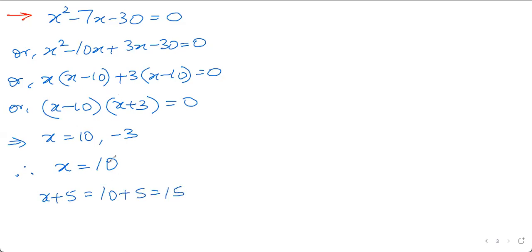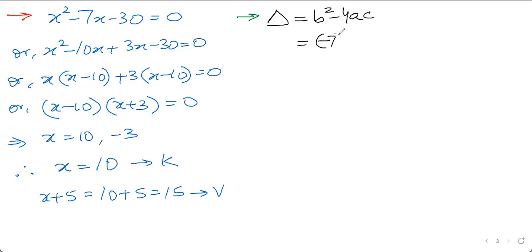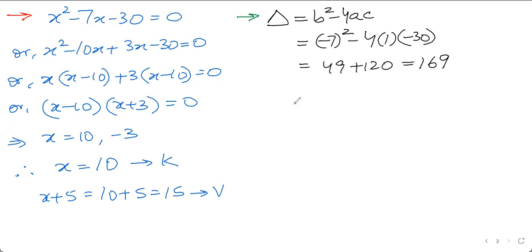I got my answers. Once we have found our equation, we could have used the discriminant method or the formula method, where we say discriminant equals b square minus 4ac. So here b is minus 7, so minus 7 square minus 4, a is 1 and c is minus 30, which is 49 plus 120, which becomes 169.